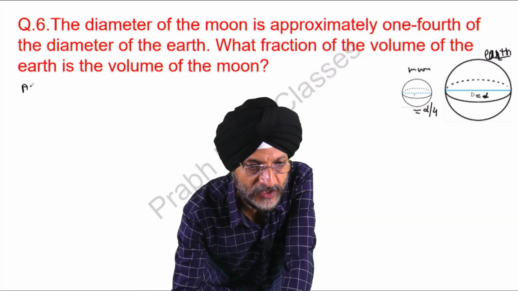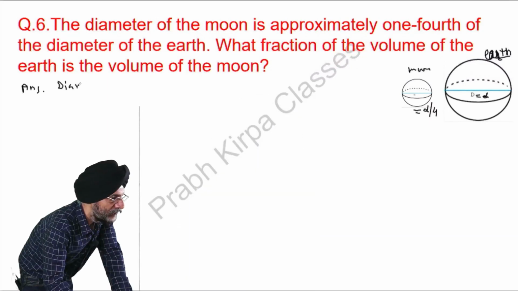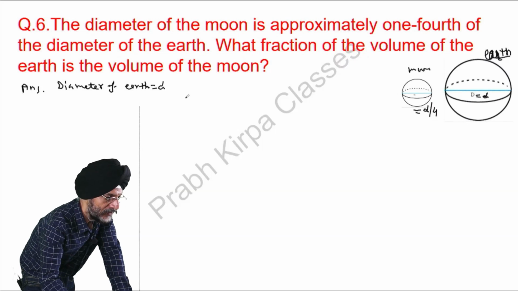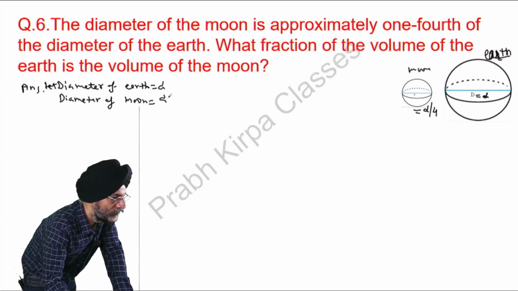So we will start solving the question. Diameter of earth is equal to d. Let the diameter. Now in the same way, the diameter of moon will be 1/4 of the diameter of the earth.